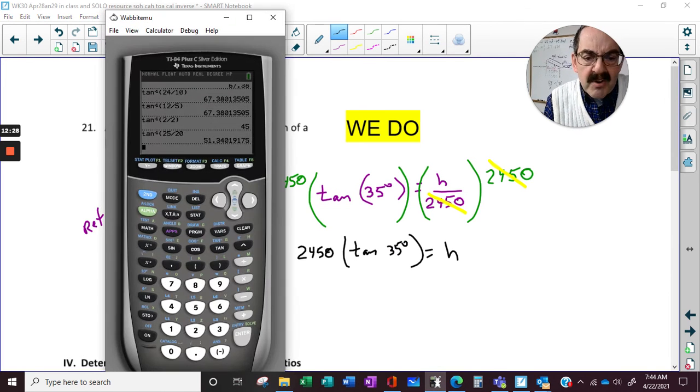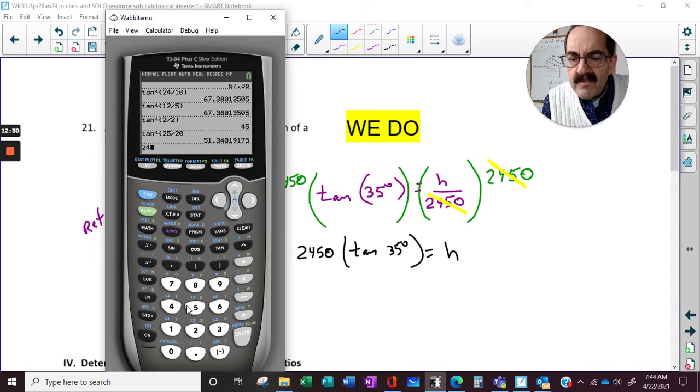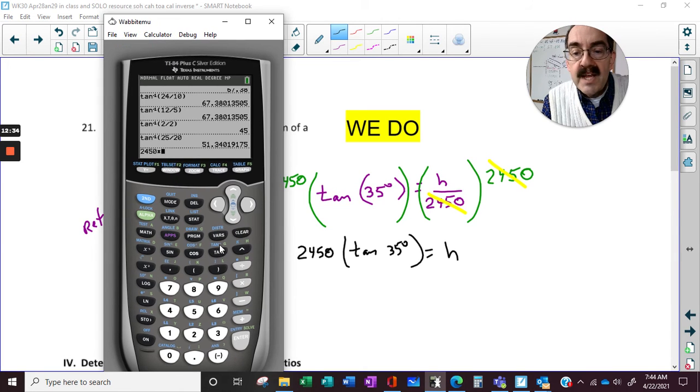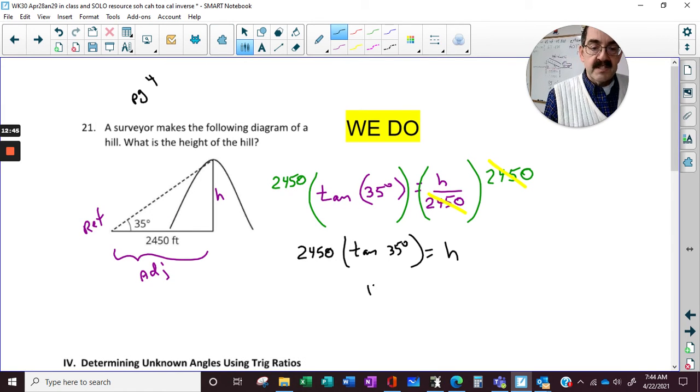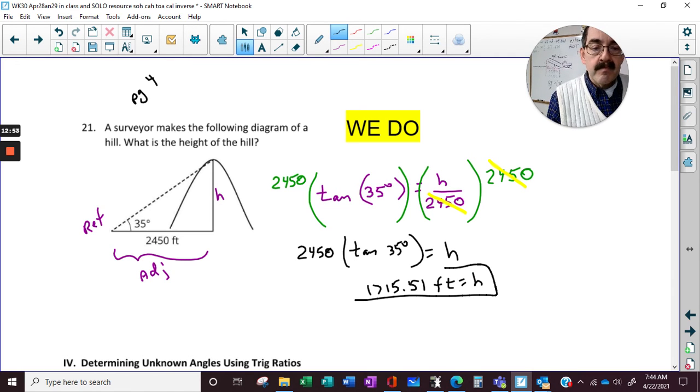Let's grab our calculator and do this one. 2450 times tangent 35 degrees. 1715.51 feet is the height.